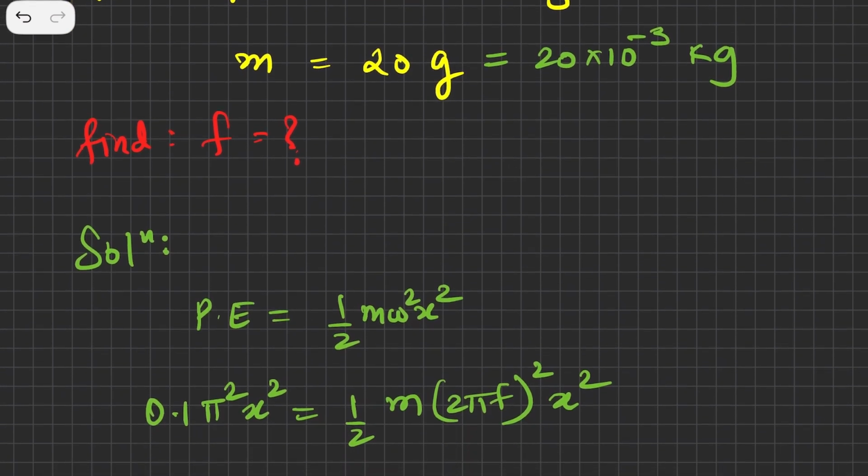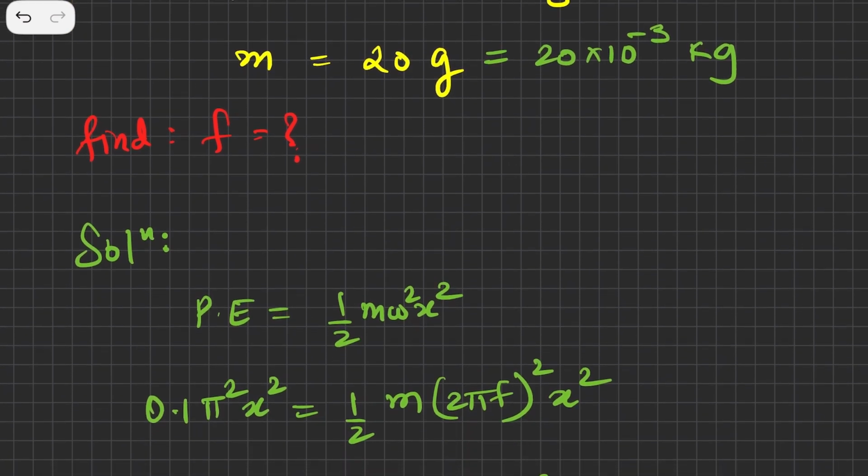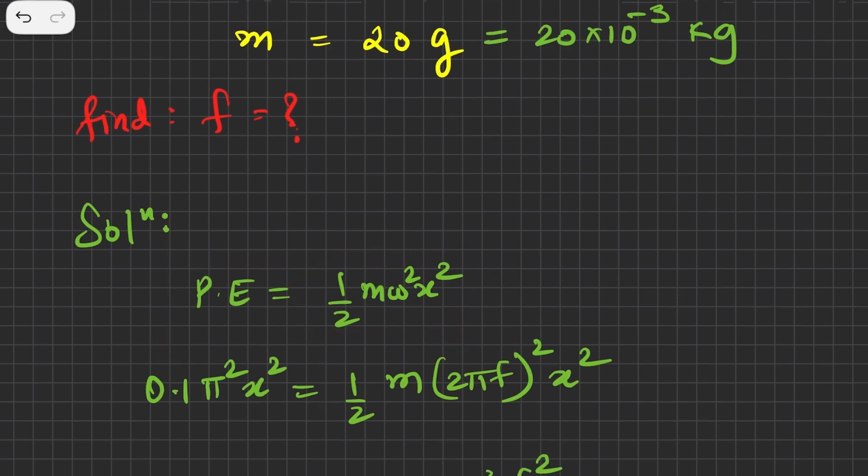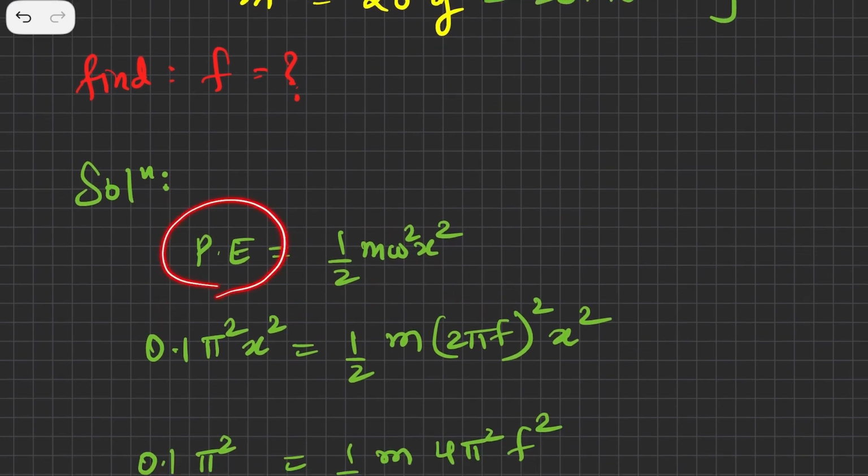So in this, we should know the potential energy formula for a particle in SHM, and that is half of m omega square x square. This is the formula for potential energy in an SHM. Then I have put the value of potential energy which was given, that is 0.1 pi square x square.